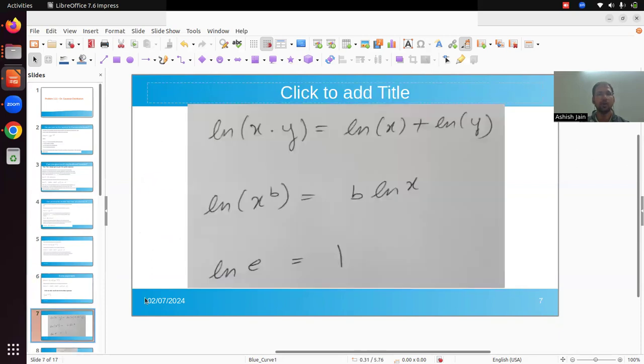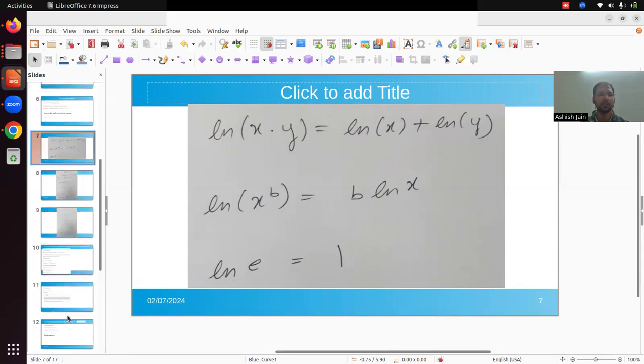So for that, we need to understand three identities: the logarithm of x dot y is equal to logarithm x plus logarithm y; the logarithm of x raised to the power b equals b logarithm x; and the logarithm of Euler's constant is equal to 1. The natural logarithm of Euler's constant equals 1. ln here means natural logarithm with the base e, with the base equal to Euler's constant.